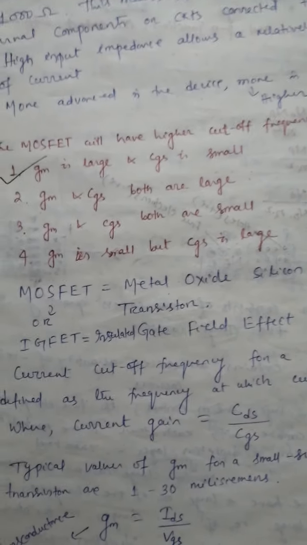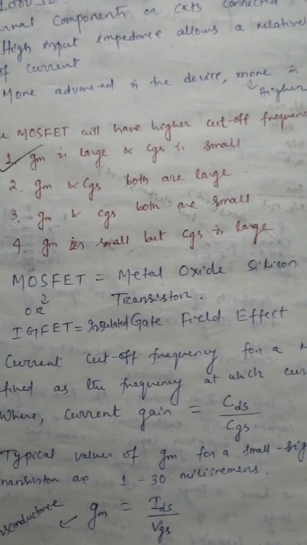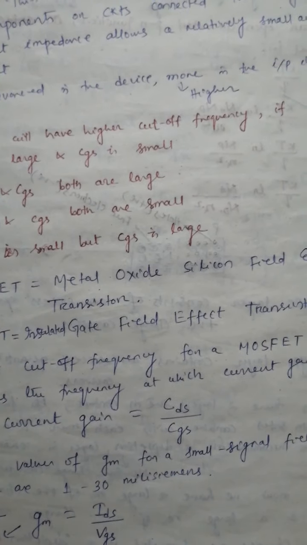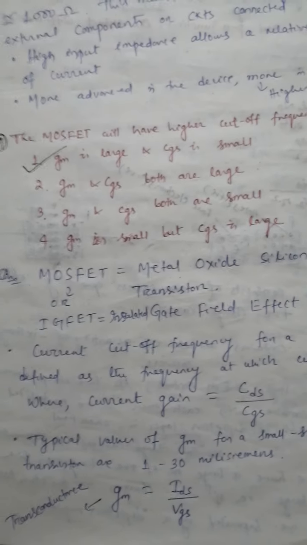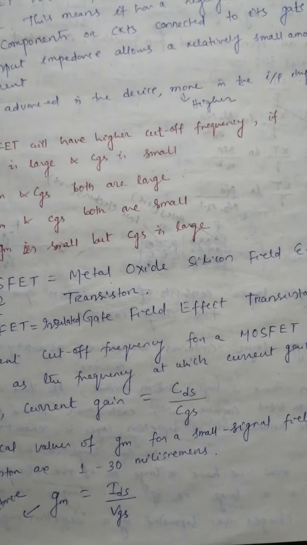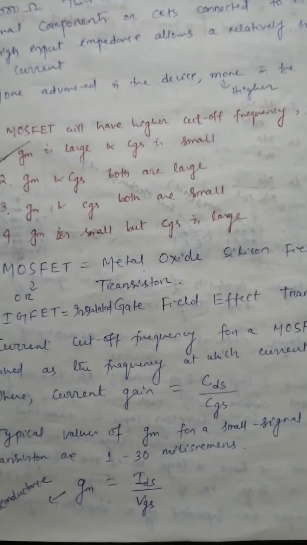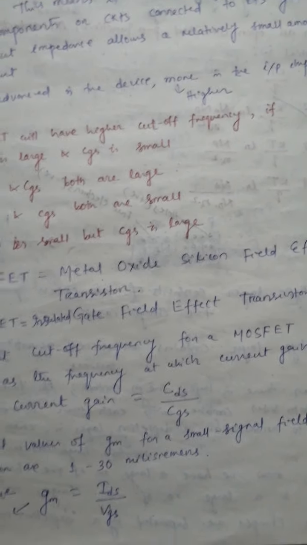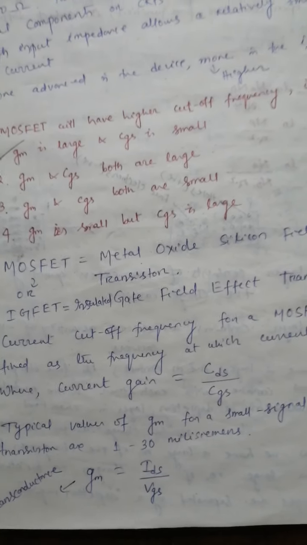MOSFET is metal oxide silicon field effect transistor, also known as IGFET, that is insulated gate field effect transistor. Current cutoff frequency for a MOSFET is defined as the frequency at which current gain is unity, where current gain equals CDS divided by CGS, that is drain to source and gate to source.